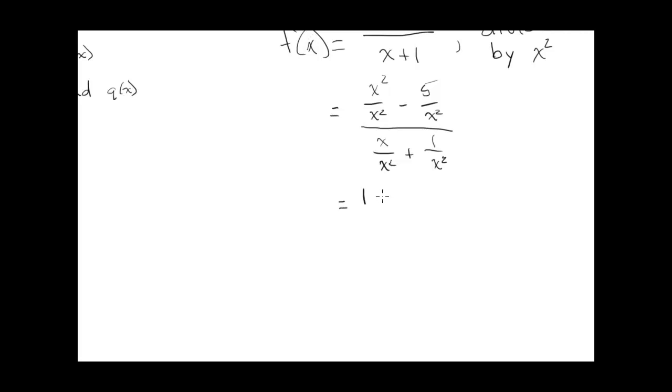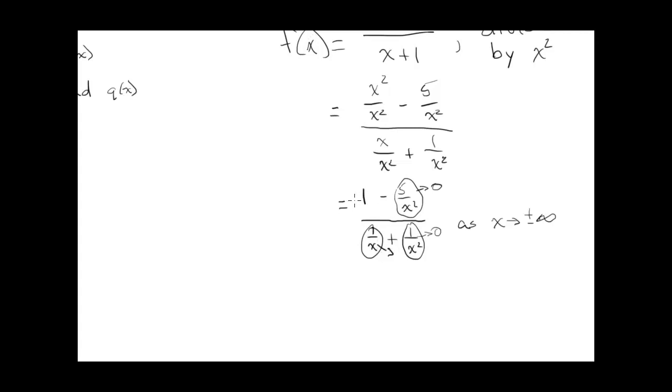I'm going to get 1 minus 5 over x squared, and then 1 over x plus 1 over x squared. So as x goes to plus or minus infinity, this term here is going to 0. This term here is going to 0. And this term here is going to 0.